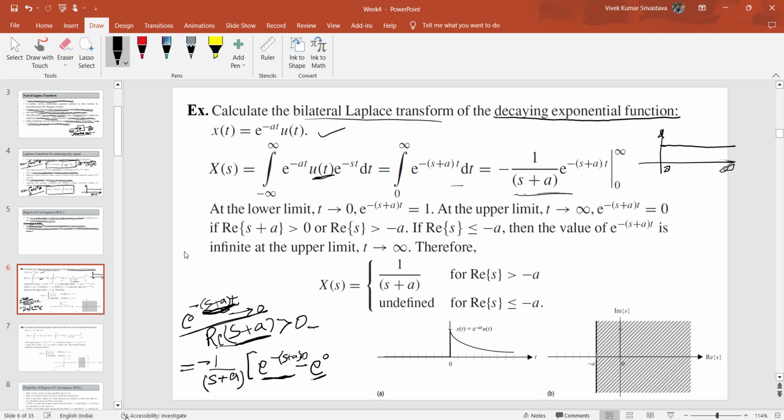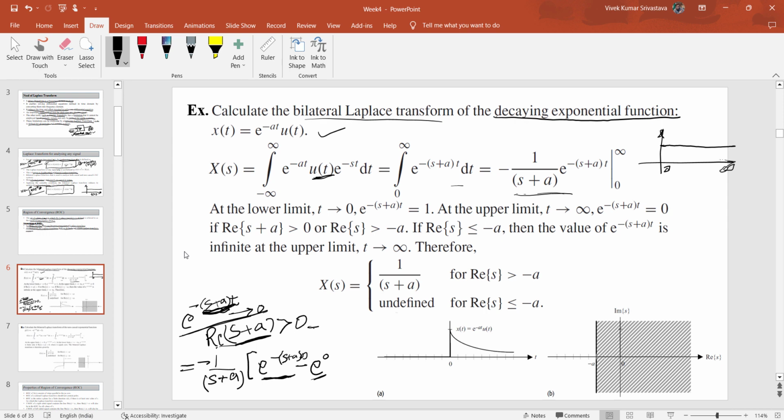Here we can see the plot of e raised to the power minus at into u of t, which is an exponentially decaying function, and the corresponding region of convergence is also shown.